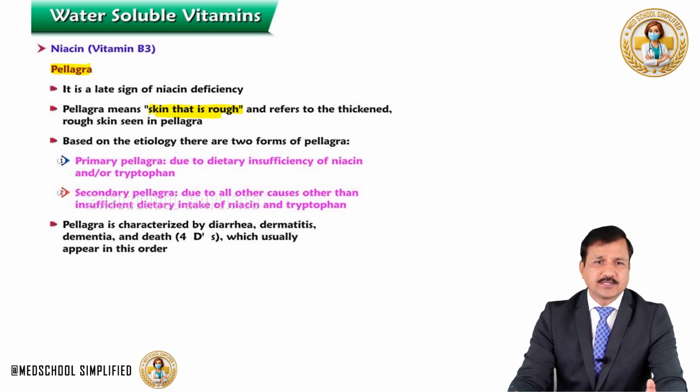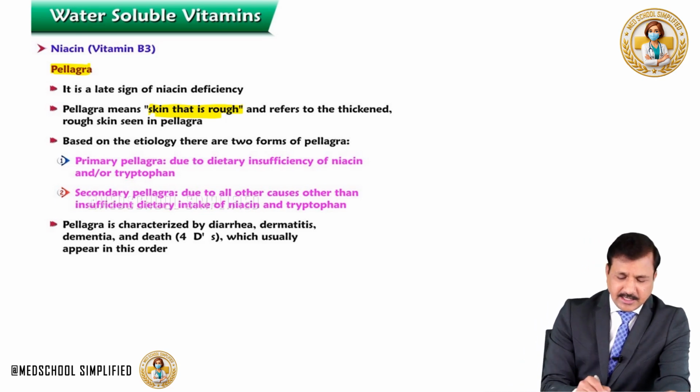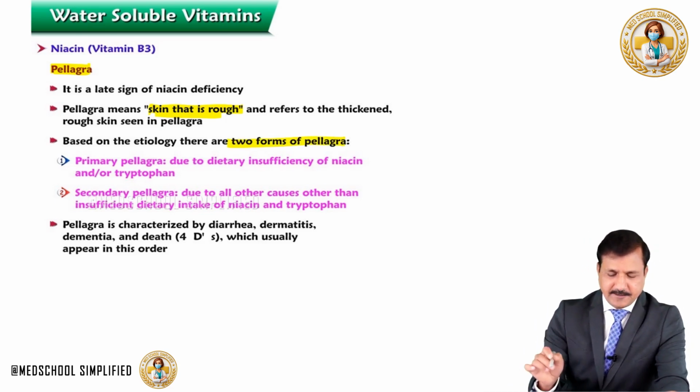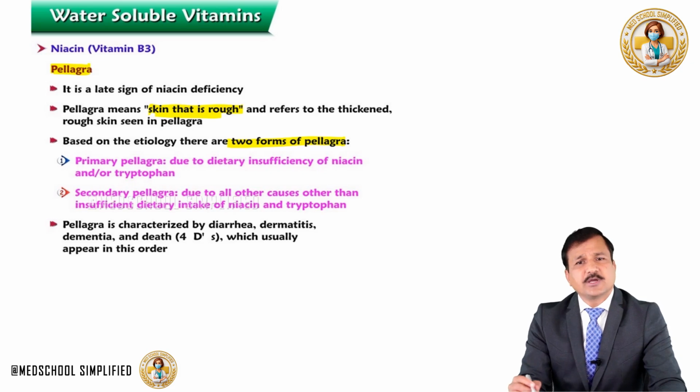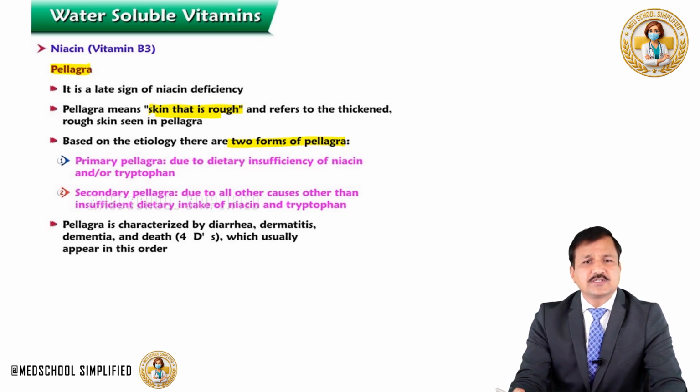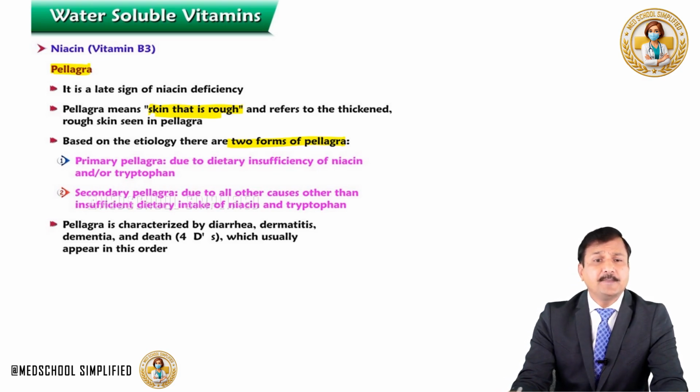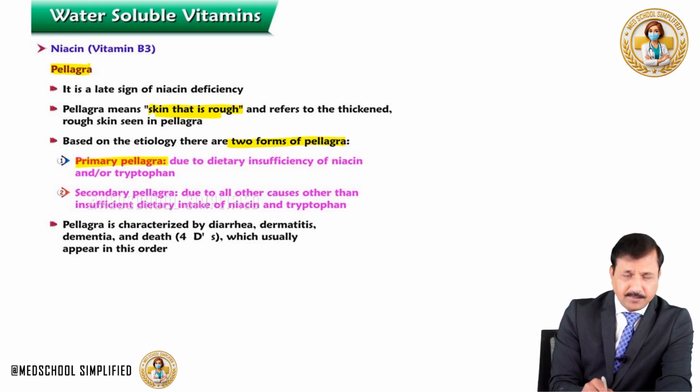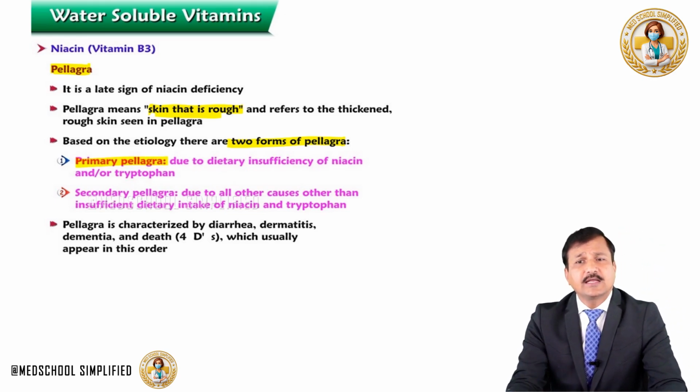seen in pellagra patients. Now, based on the etiology, there are two forms of pellagra. Pellagra that is caused because of dietary insufficiency of niacin or dietary insufficiency of tryptophan, that type we call primary pellagra. Primary pellagra is because of dietary insufficiency of vitamin B3.